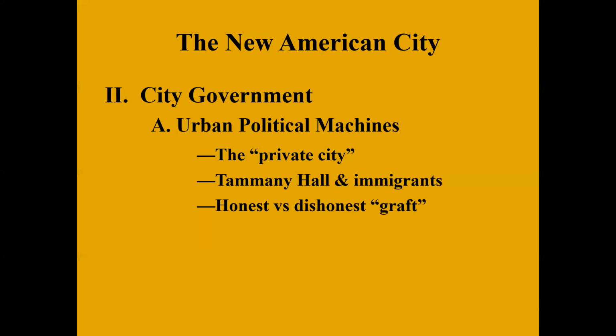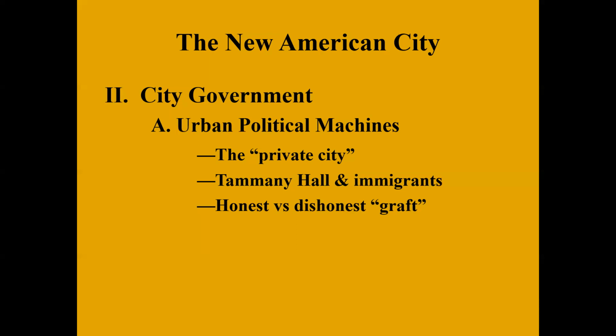In the 1860s, William Magear Tweed, who was the head of Tammany Hall, made that institution a byword for corruption. He was actually arrested in 1871 because he spent so much on a very lavish courthouse. And this led to the decline of the worst forms of corruption. Nonetheless, George Plunkitt, who was also associated with Tammany Hall, declared that he was in favor of what he called, quote unquote, honest graft.